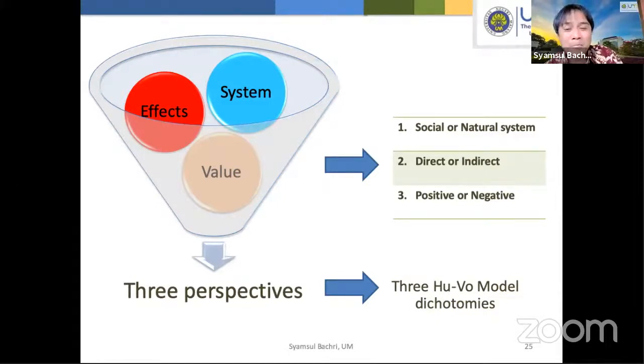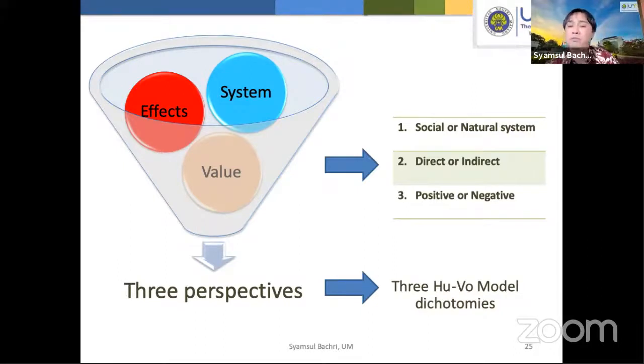For example, the eruption gives the tourism destination its attractions. So that's why I separated direct and indirect, because usually if you study disasters, it is always a direct expression. Oh, the eruption is dangerous. Yes, that is right. But there are also indirect effects from the eruptions. What is the direct and indirect?